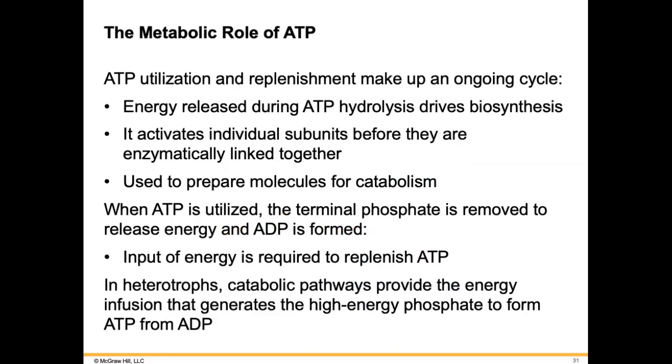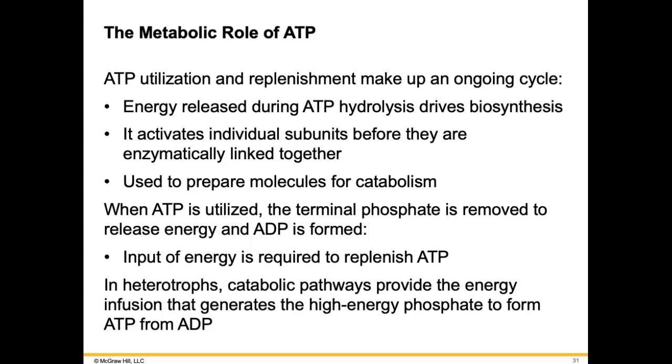So ATP utilization and replenishment make up an ongoing cycle. ATP is broken down to ADP and then later built back up to ATP. It activates individual subunits before they're enzymatically linked together. They're used to prepare molecules for catabolism, and when ATP is utilized, the terminal phosphate is removed or broken off to release energy and ADP.